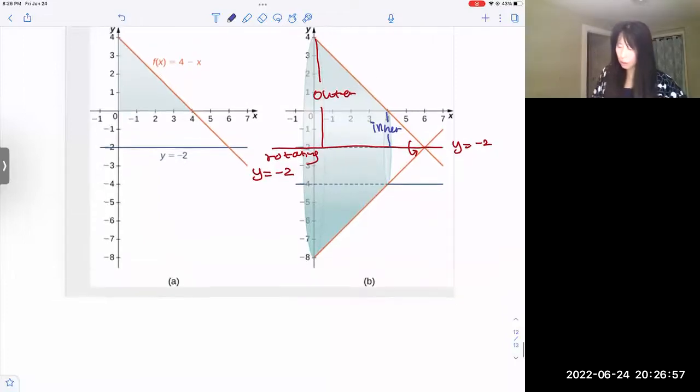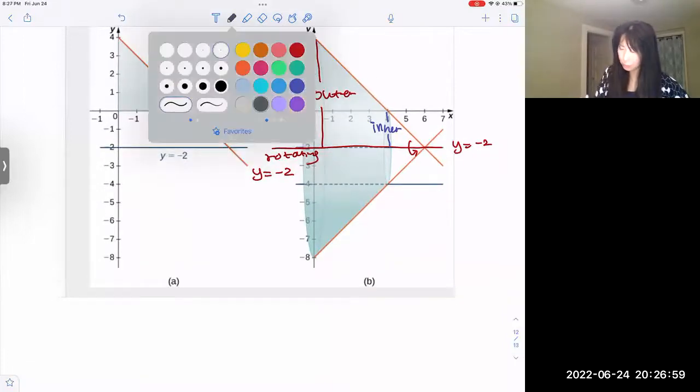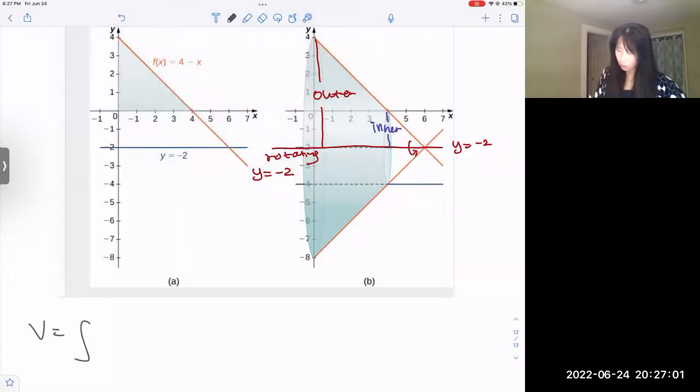Okay, now I say the outer, let's take out the pi. Outer will be, look, we have the function.